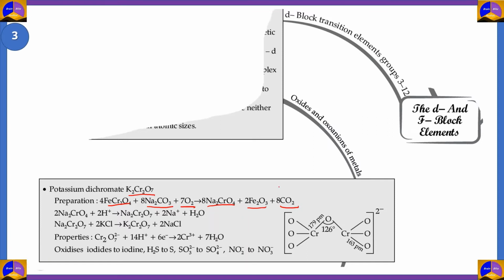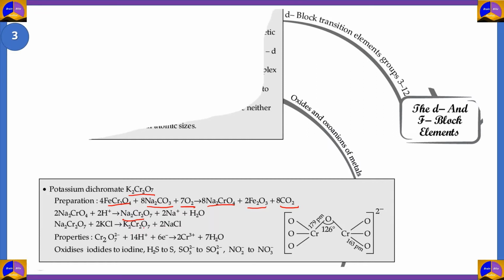Now, we're asked to form potassium dichromate. Sodium dichromate is more soluble, so we try to form potassium dichromate by filtering and acidifying the yellow solution of Na2CrO4. When we acidify and filter this compound, we get an orange solution in which sodium dichromate is present, and this sodium dichromate can be crystallized.